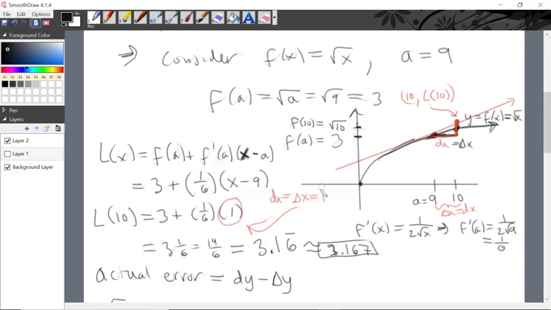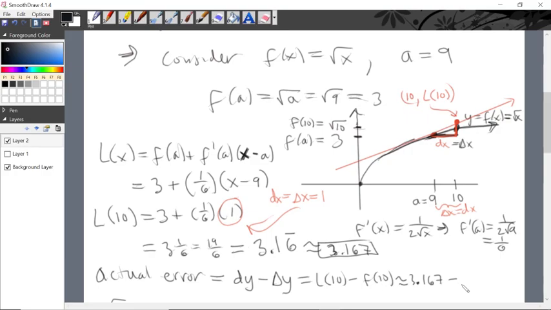We take the value from the tangent line first, so L of 10, and then we subtract from that the value from the function itself, that would be f of 10. So that is, approximately 3.167, that's from the tangent line, minus the square root of 10.